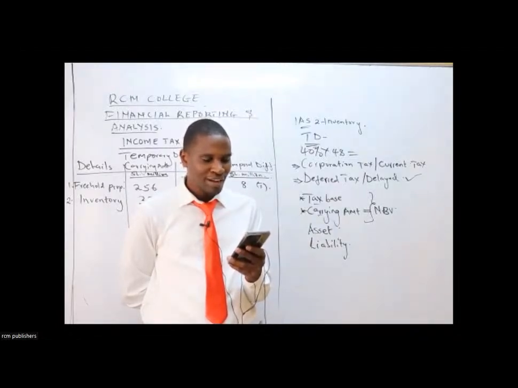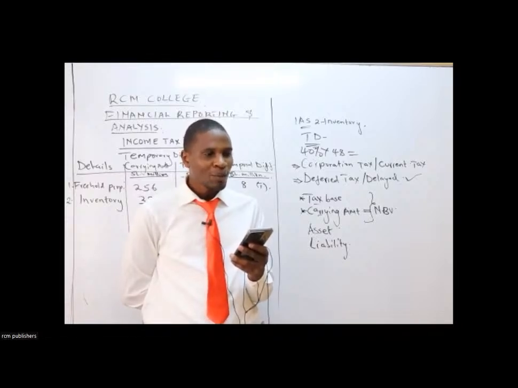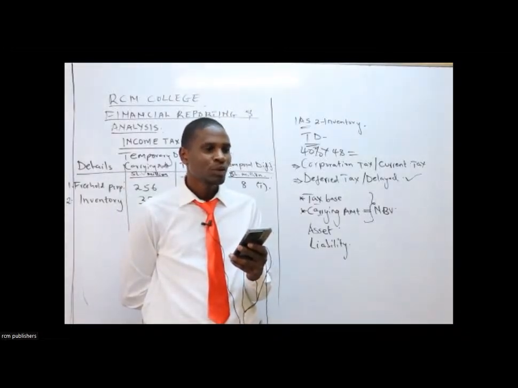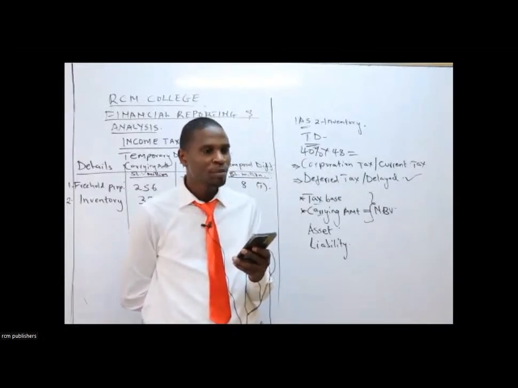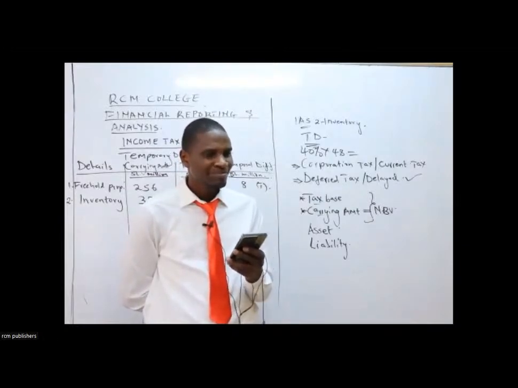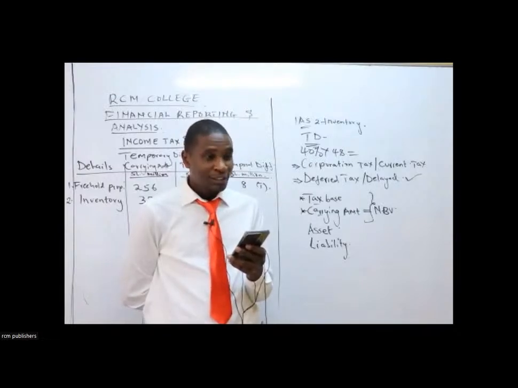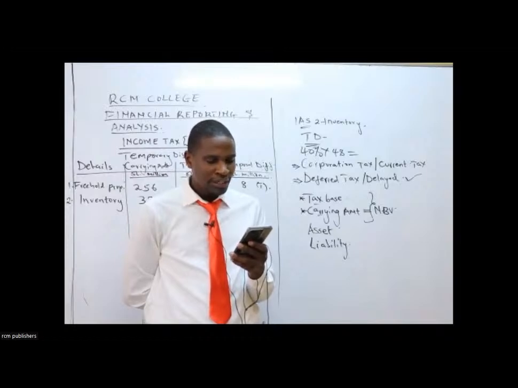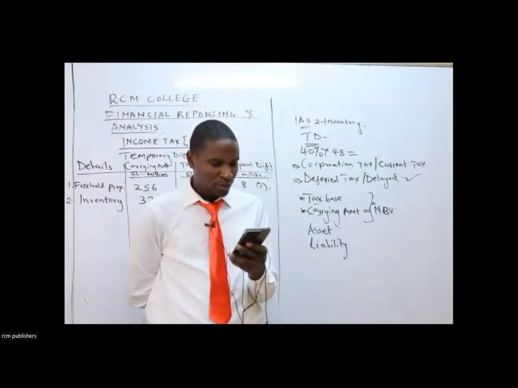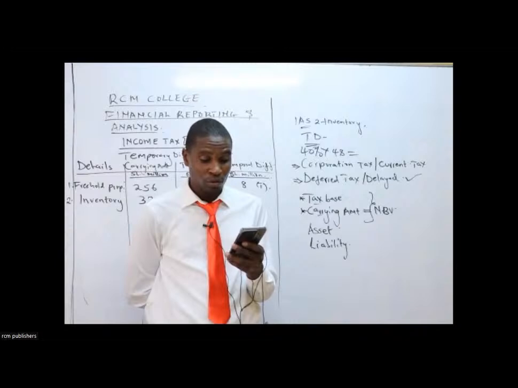If you look at what we have here, will our 32 million be the actual carrying amount? Let me repeat what I am saying. We are told that during the year ended 31st March 2021, Huruma Limited sold goods at a price of 48 million to another subsidiary, Wingu Limited, and made a profit of 16 million on the transaction.